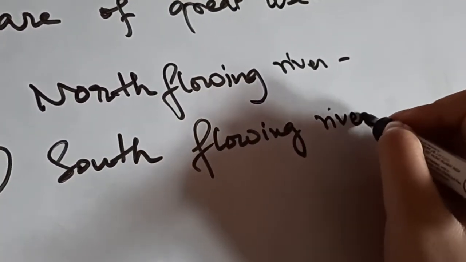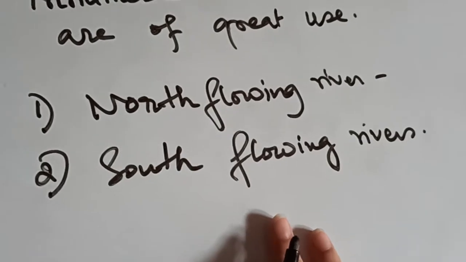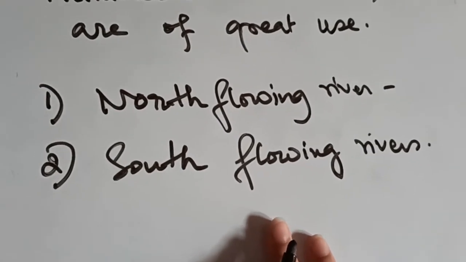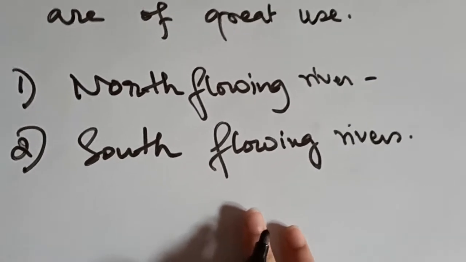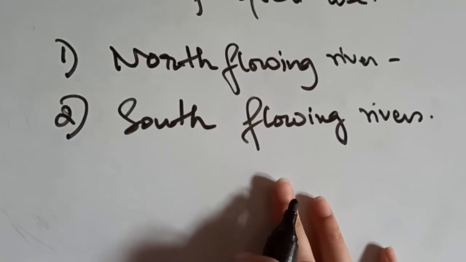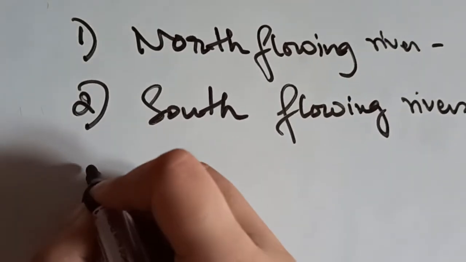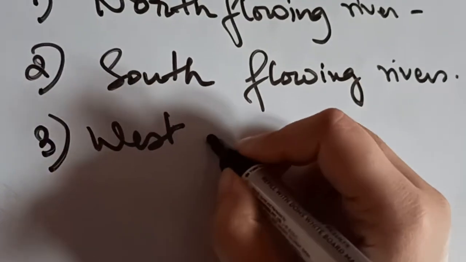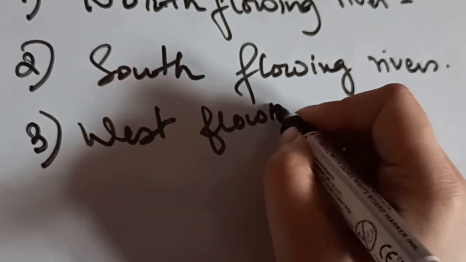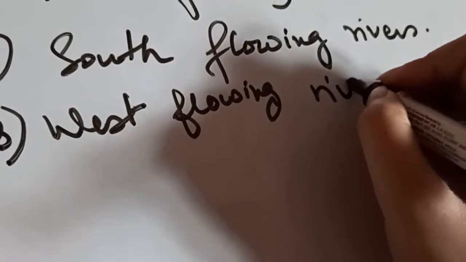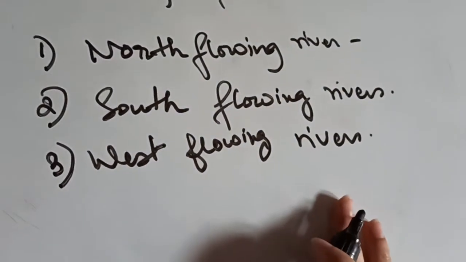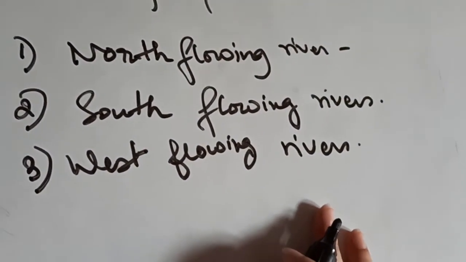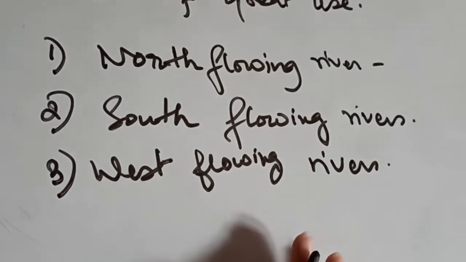It includes those rivers which have their mouth in the southern portion of Europe. The last one is the west flowing rivers. Those rivers flowing in the western section have their mouth in the western section of Europe.